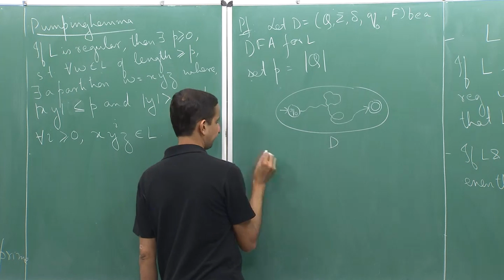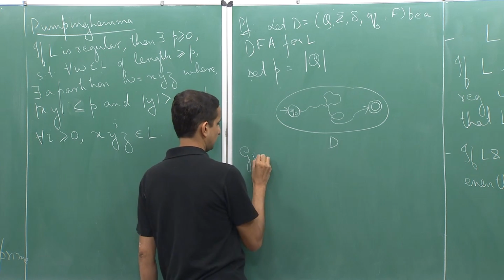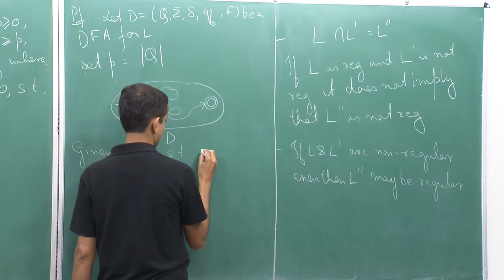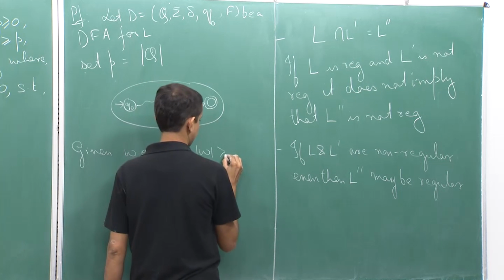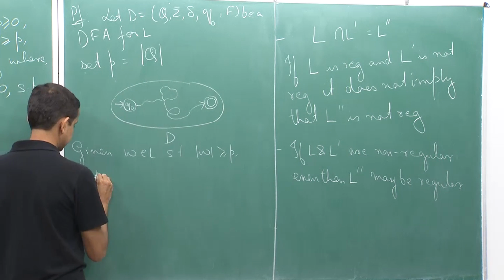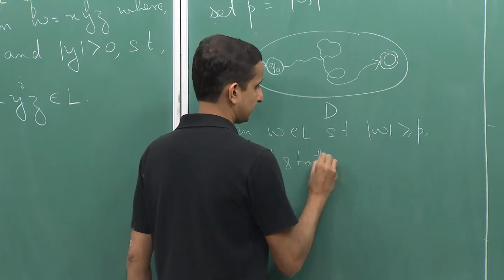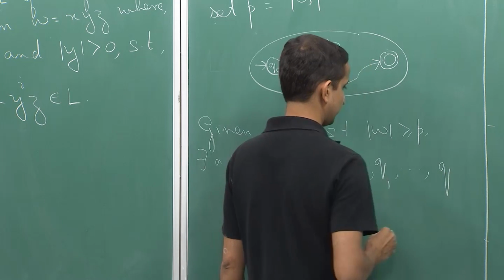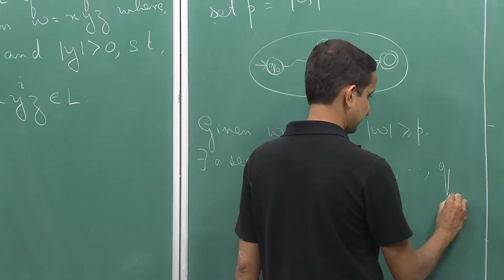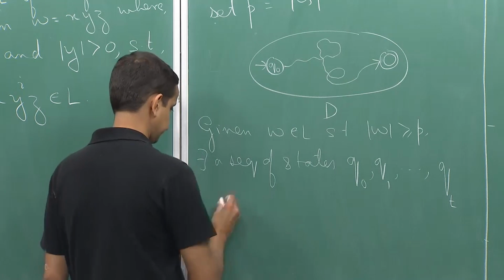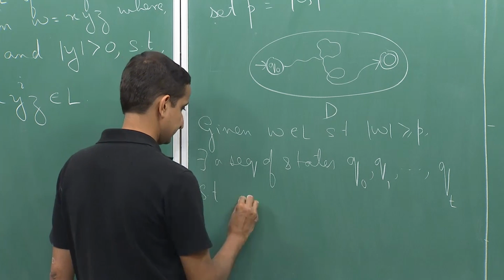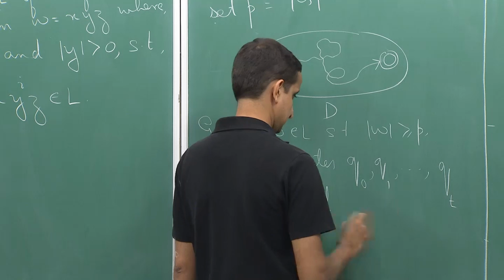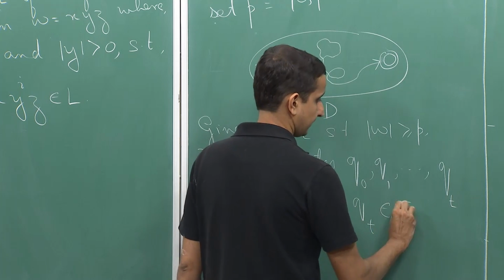Given w in L such that the length of w is greater than or equal to p, there exists a sequence of states q0, q1 up to qt, let us say, such that t is greater than or equal to p and qt is an accept state.